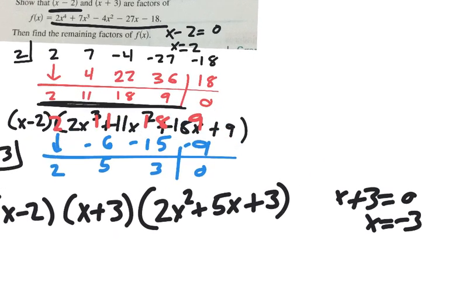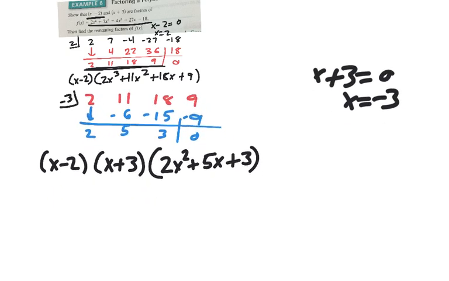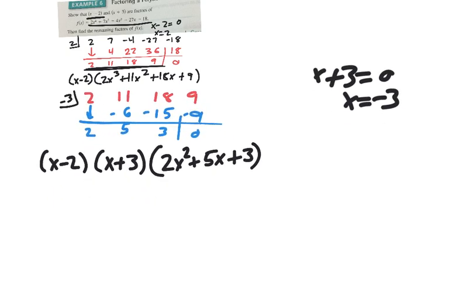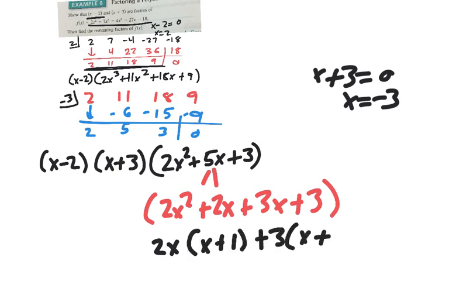So, okay. So that's going to give me, I'm just going to focus in here. I've got 2x squared plus 2x plus 3x plus 3. Now GCFs, 2x, that leaves me with x plus 1. GCF is positive 3, that leaves me with x plus 1.